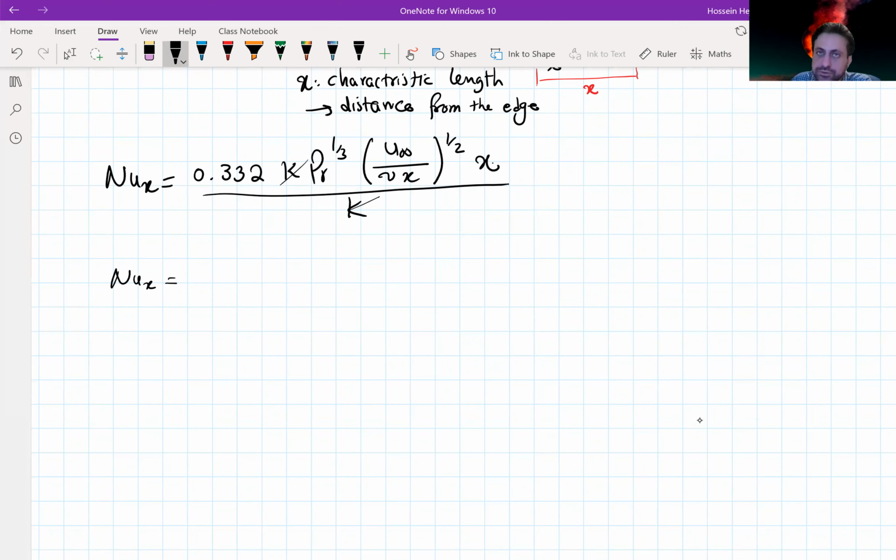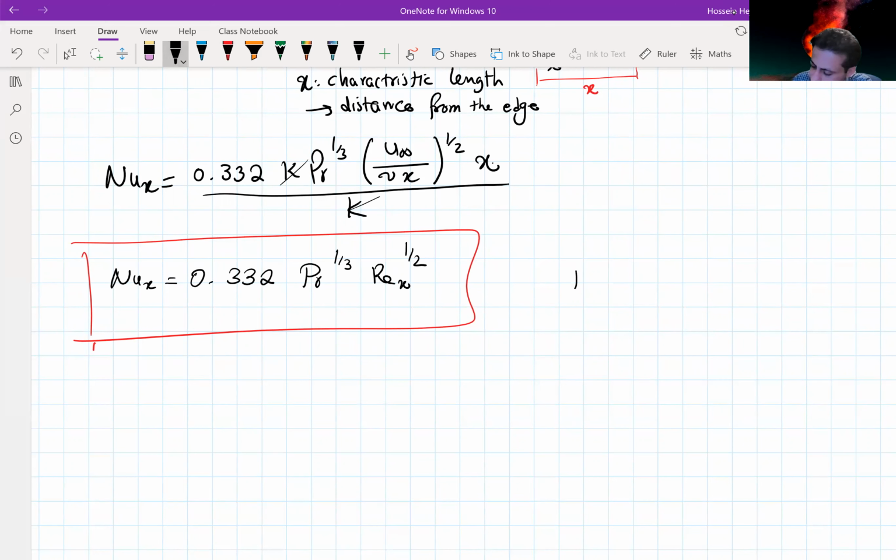If we do the math, what we get is 0.332 Prandtl to the power of 1/3 Reynolds of x to the power of half. This is the local Nusselt number, where Reynolds number of x is u infinity x divided by nu, the Reynolds number evaluated at the x location. So this is the Nusselt number for the laminar boundary layer.